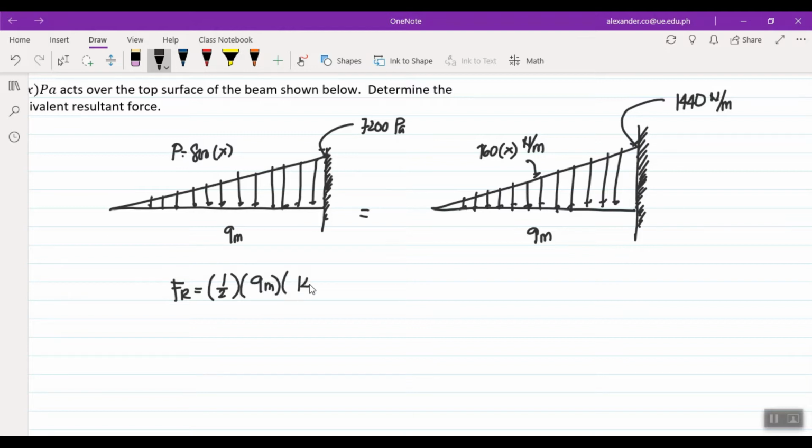It's 1,440 Newton per meter. Makikita nyo, kakancel yung meter. Ang resultant force will now be concentrated in Newton. So, it's now equal to what? 9 times 1,440 divided by 2. It's now 720 Newton. Yun na yung final answer.